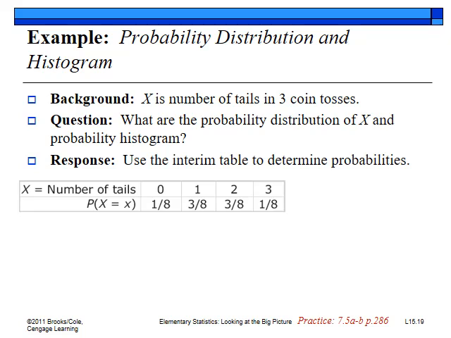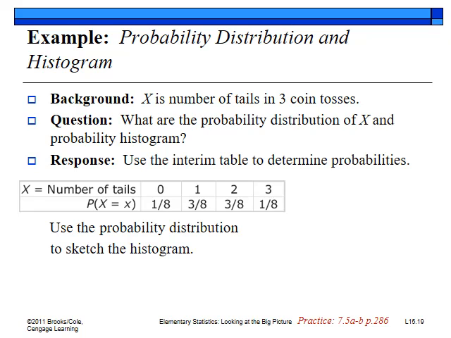That gives us probabilities of 1/8, 3/8, 3/8, and 1/8, respectively. From here, it's easy to create the histogram. There will be 4 bars, one for each possible value for x, and the height of each bar is the probability of that outcome.